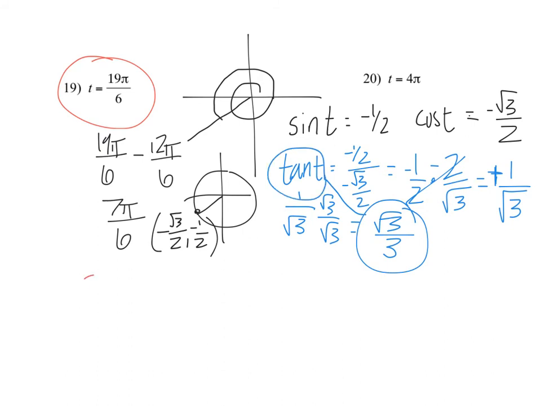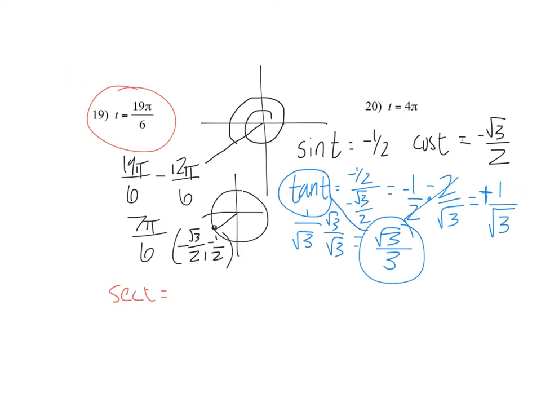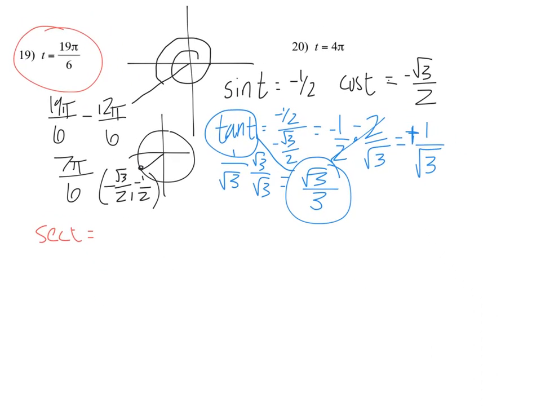I'm going to go over this way just so I have space. Secant is just going to be negative. Nope. Oh man, I'm messing up all over the place. Secant goes with cosine, so that's going to be 2 over negative square root of 3. Here we go.